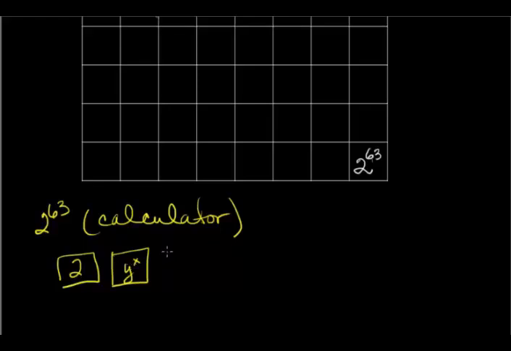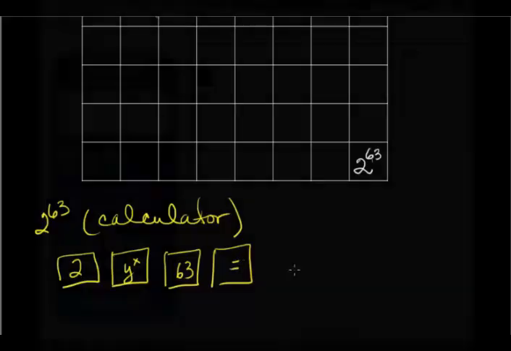That's the next key. So this is telling me the base is 2, press y to the x and 63, and then I will press equals. So that will give me my answer. And here's what I get.